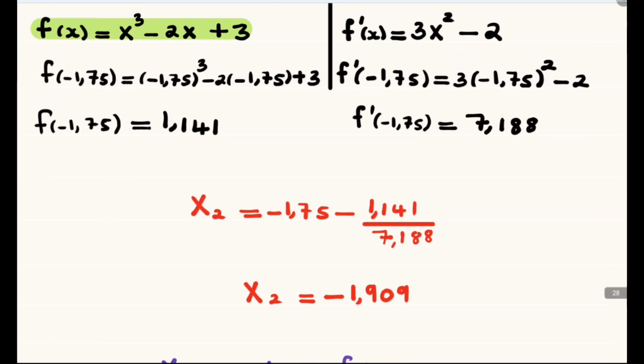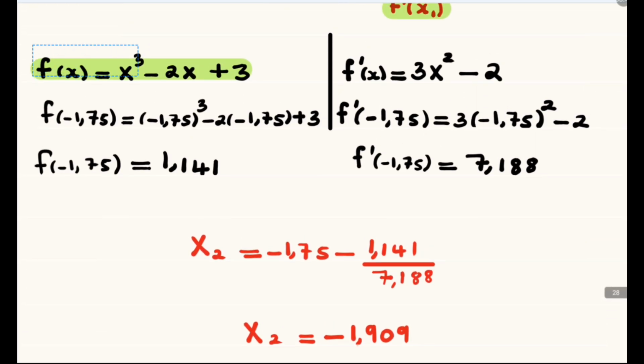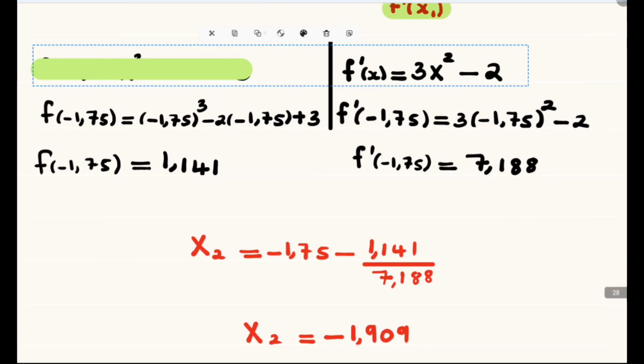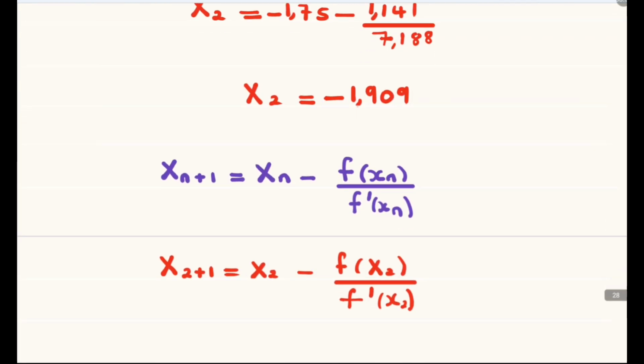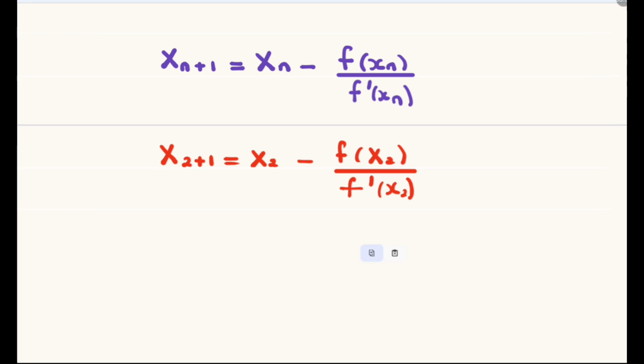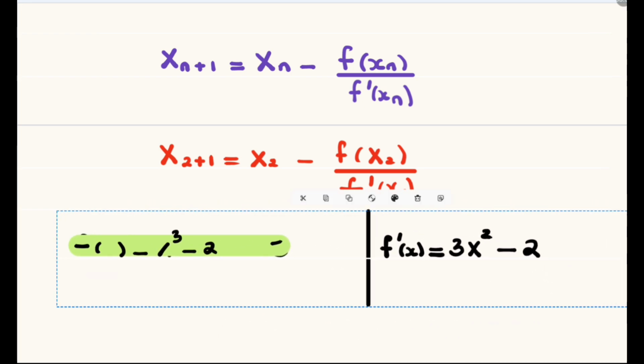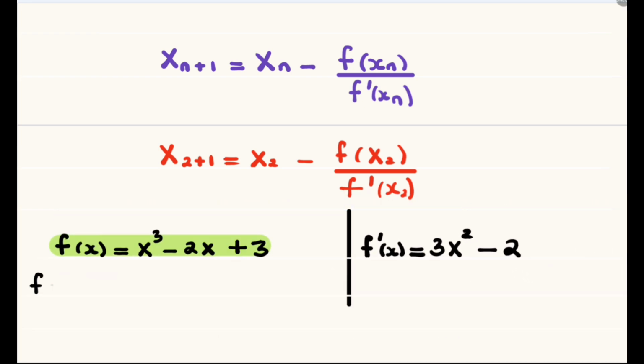We follow the same process. We substituted x1 into the following two equations. Now we are going to substitute the x2. So we copy and paste so that we can substitute the x2 into the following two equations.